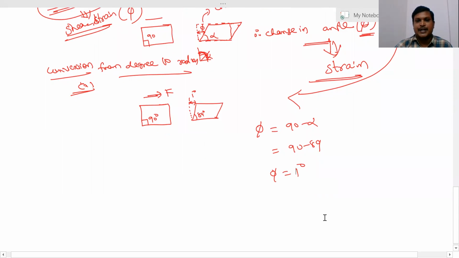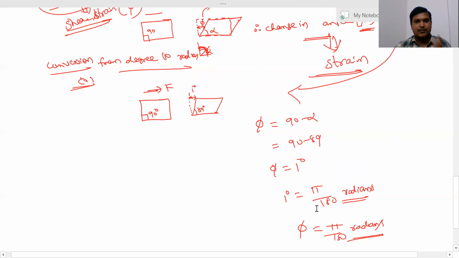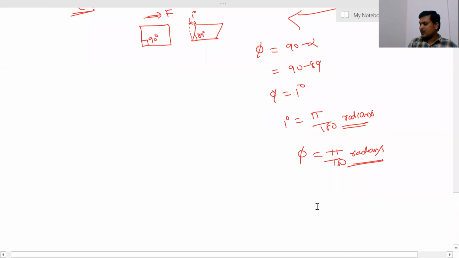For degree to radian conversion, 1 degree is equal to pi by 180 radians. So phi is equal to pi by 180 radians. This is how we convert from degrees to radians.